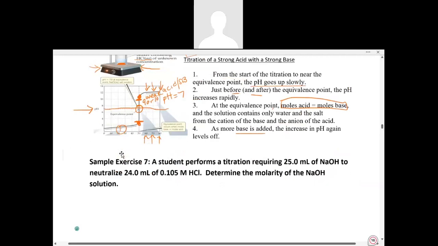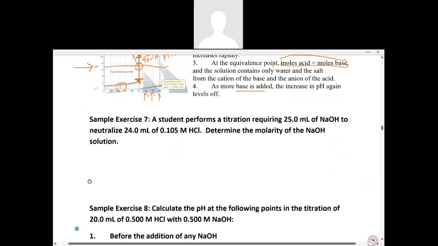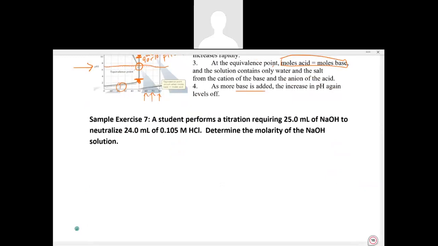So let's take a look at sample exercise 7 here. We're told that a student performs a titration. To reach the end point, we needed 25 milliliters of sodium hydroxide, and this neutralized 24 milliliters of a 0.105 molar hydrochloric acid.